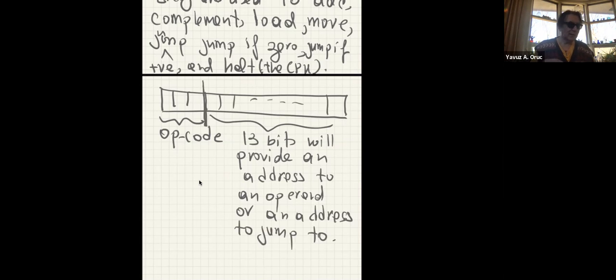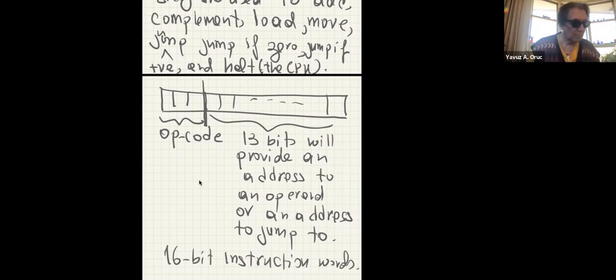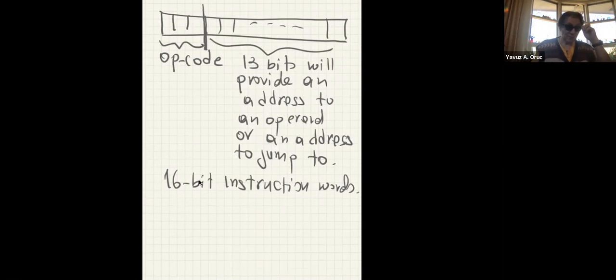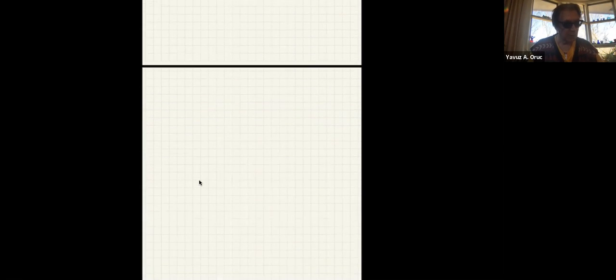Okay, so you get the general idea that this machine is going to have 16-bit instruction words. Now let's just go ahead and actually define what these instructions are. I wrote them already, but I'm going to basically now make a table.